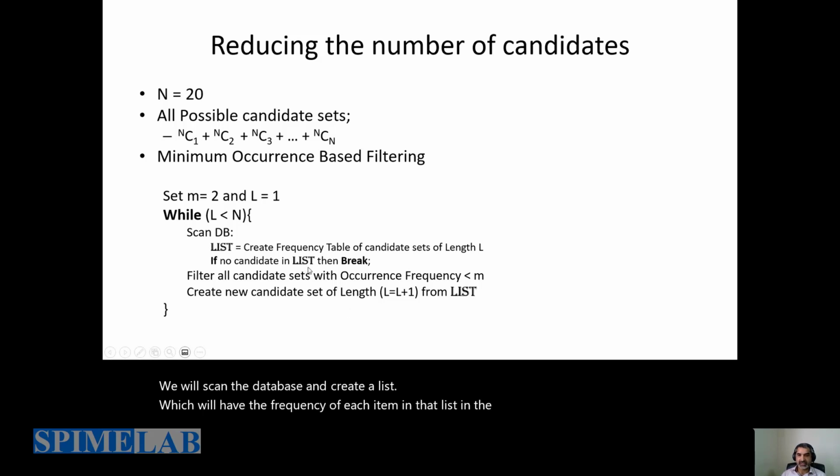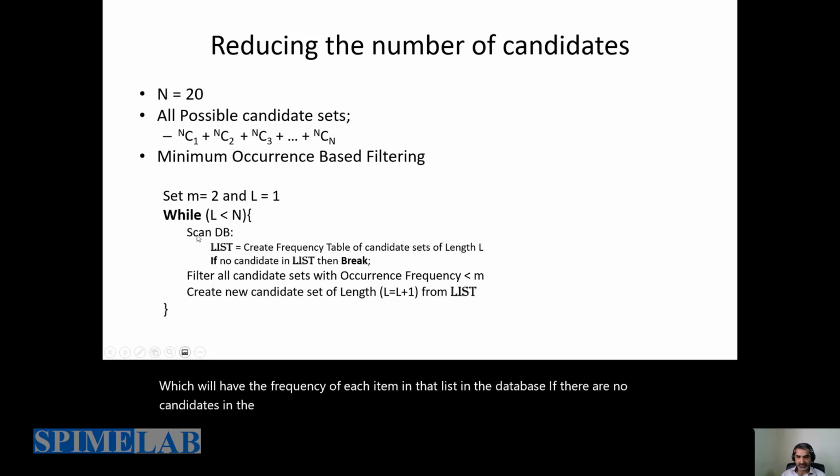If there are no candidates in the list, we will break out of this while loop. Otherwise, we will filter all the candidate sets with less frequency than M and create a new candidate set of length L plus 1 from the list.